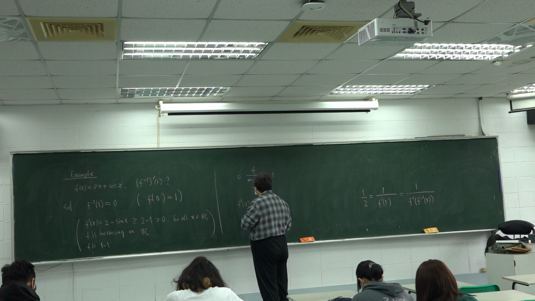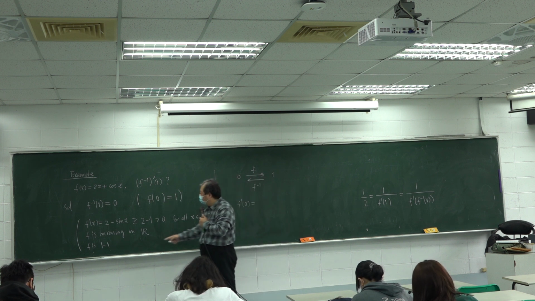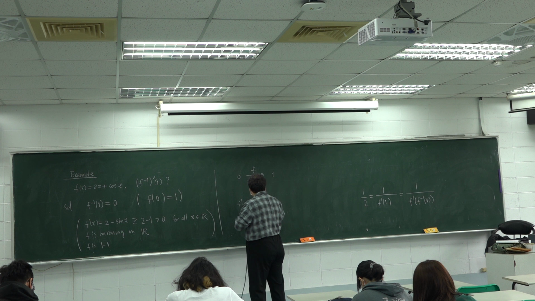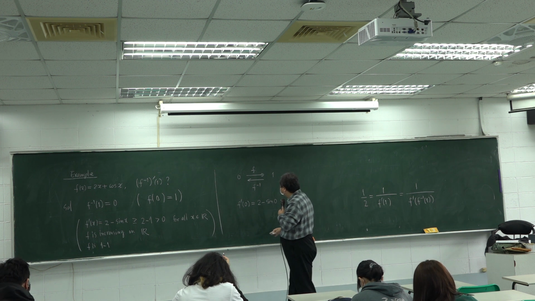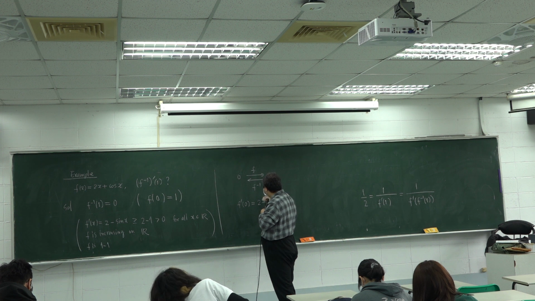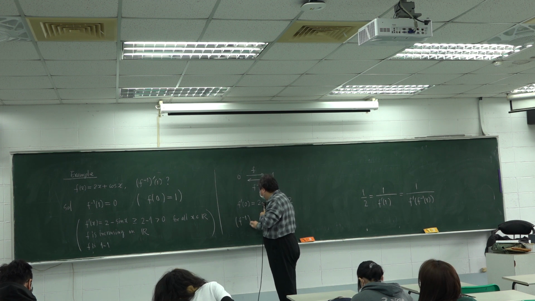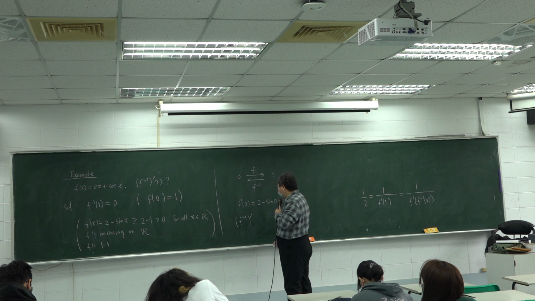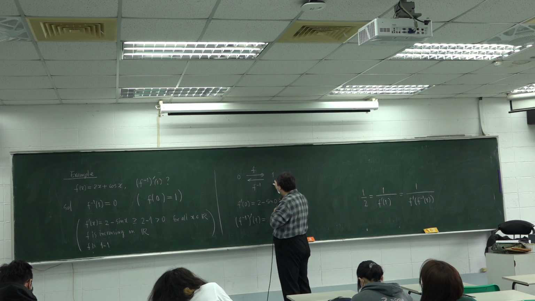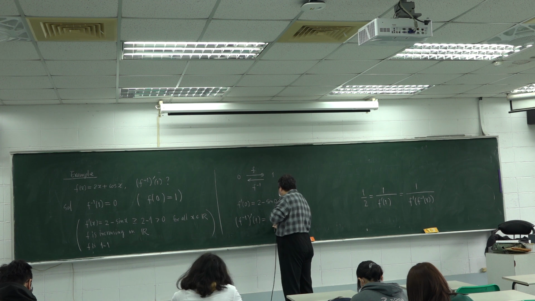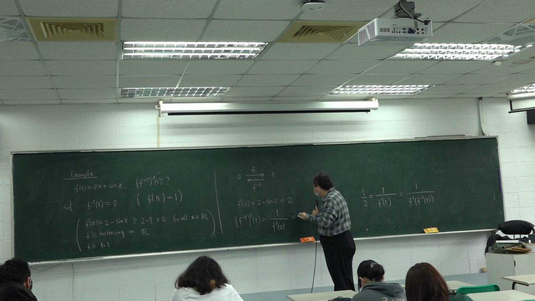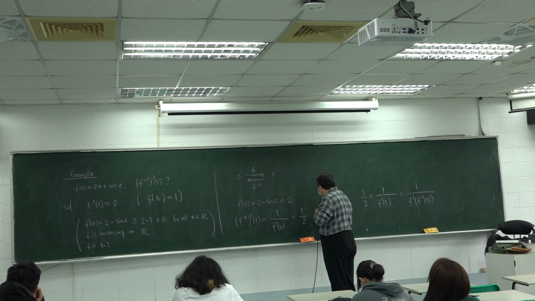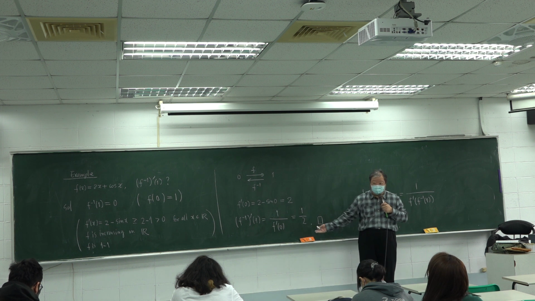F prime at 0 is 2 minus sine 0. Sine 0 is 0. This is 2. Therefore, the derivative of the inverse of f at 1 is the reciprocal of f prime at 0, at the corresponding position. 1/2. Okay?